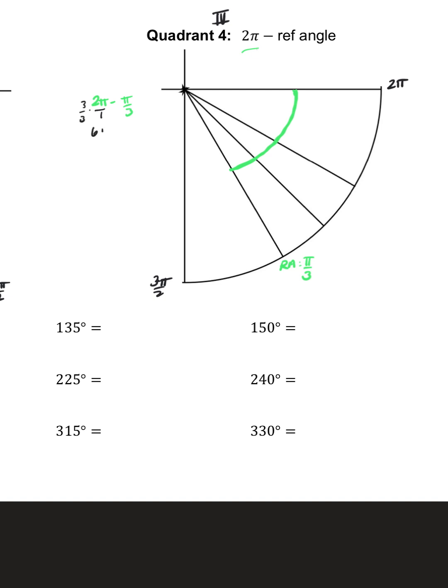So we have 6 pi over 3 minus pi over 3. So 6 pi over 3 minus pi over 3 is going to give me an angle of 5 pi over 3.